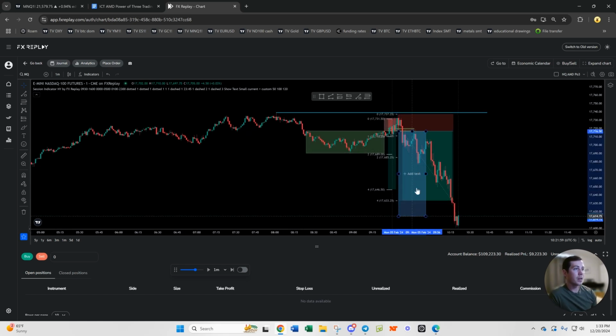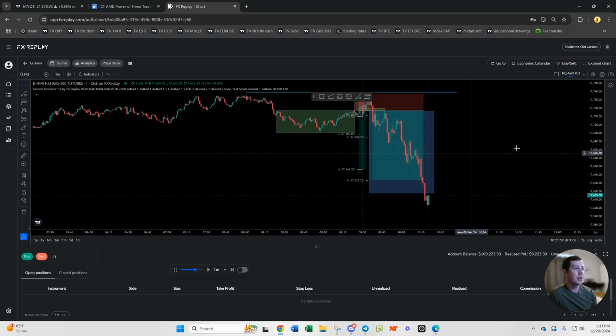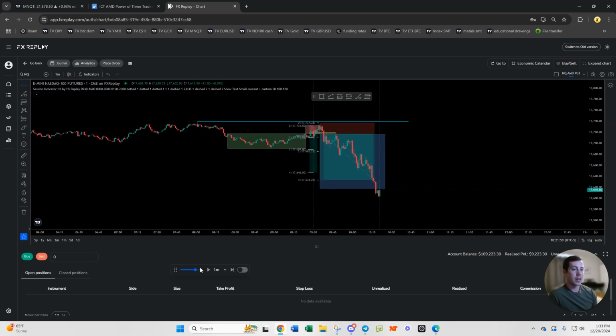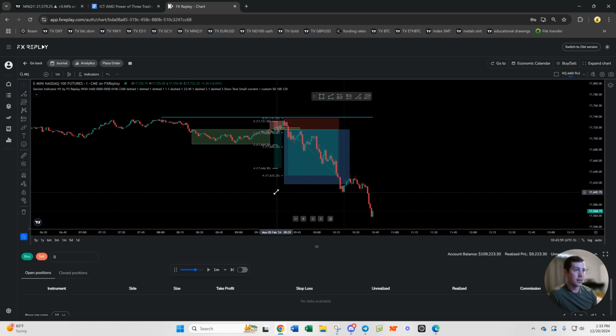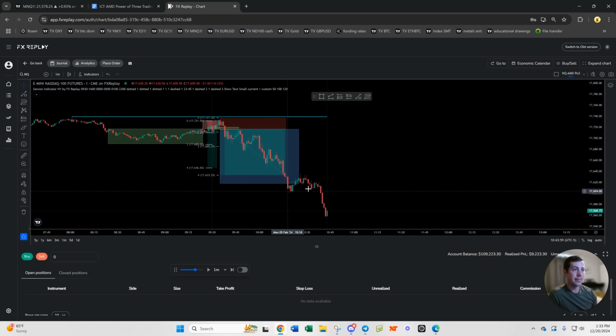So we had a really nice AMD here, and we've got several hours left in New York session. Let's see if we get additional price action. There's only like 3 candles that consolidated here, so I probably wouldn't say this is accumulation. I would be cheating if I did that.